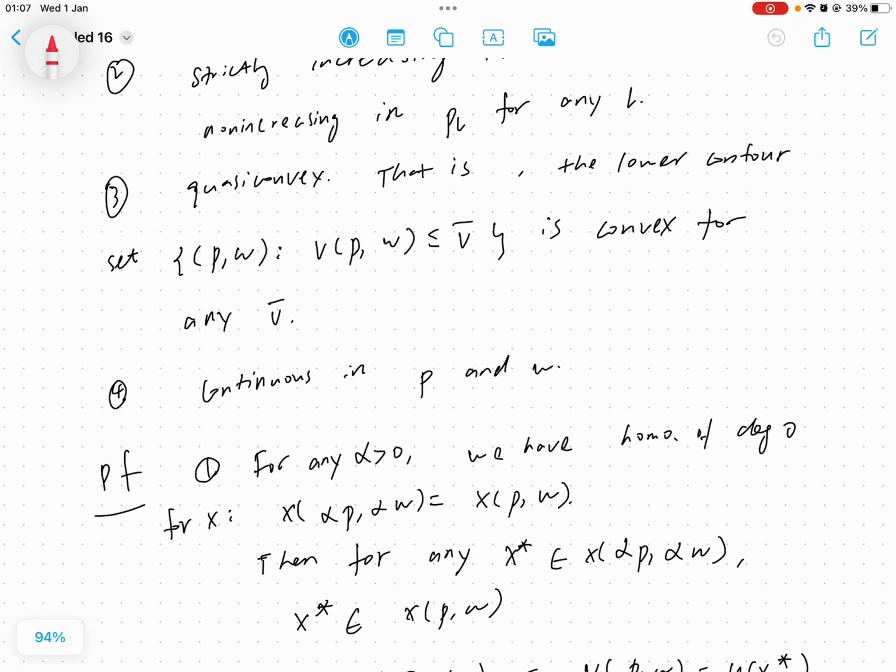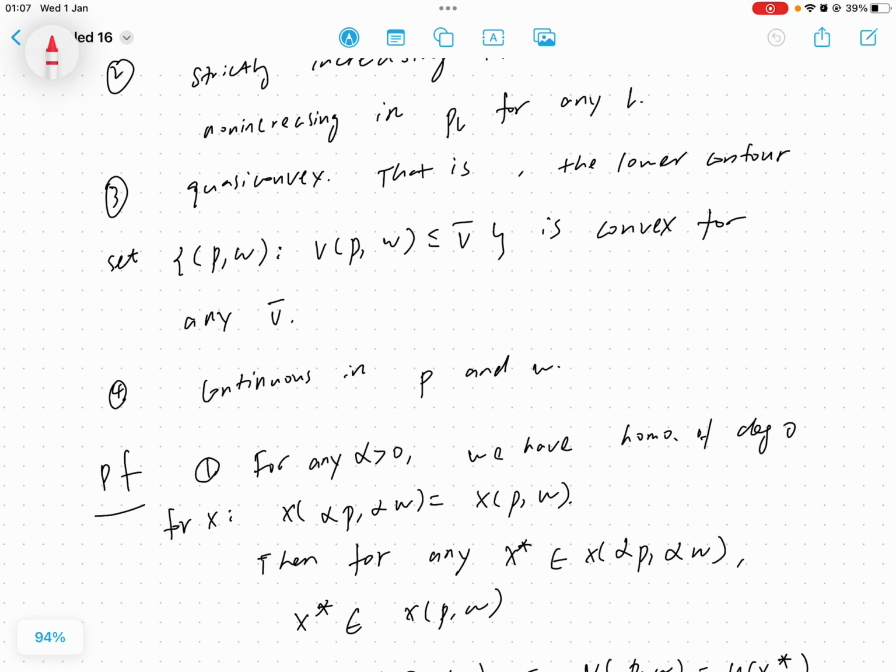Here we're talking about the quasi-convexity for this indirect function v. This would be asking that the lower contour set of the set of these p and w is a convex set, for any level of v bar. And lastly, it is also continuous in p and w.